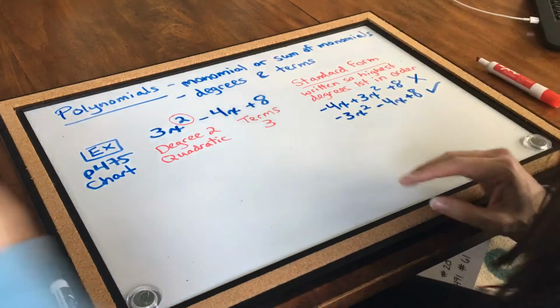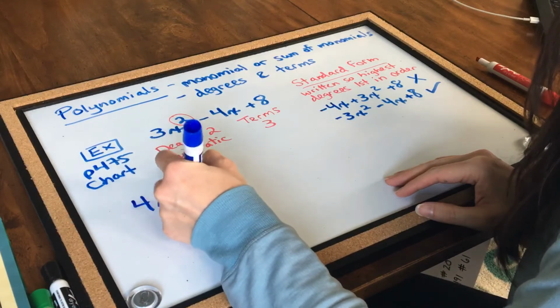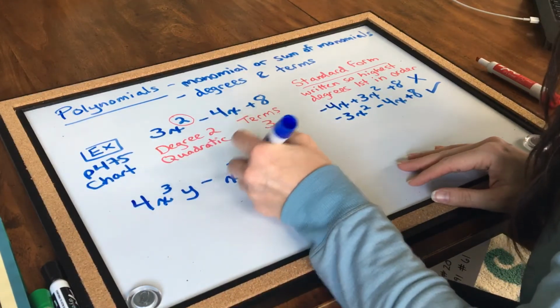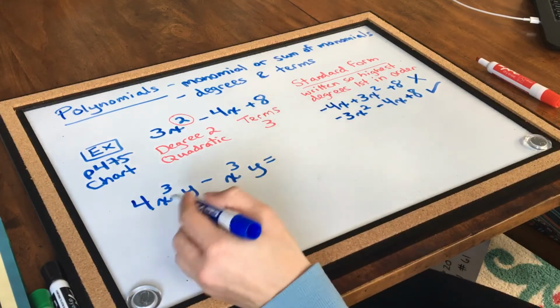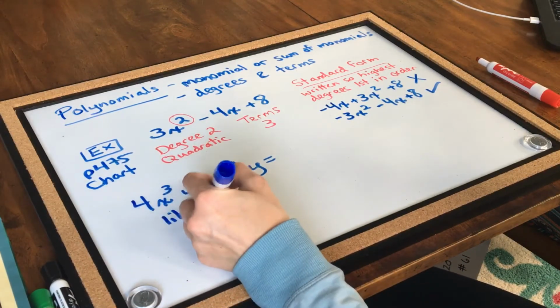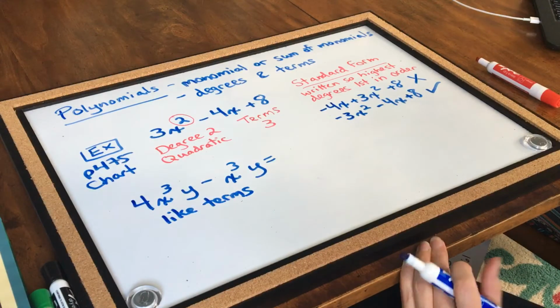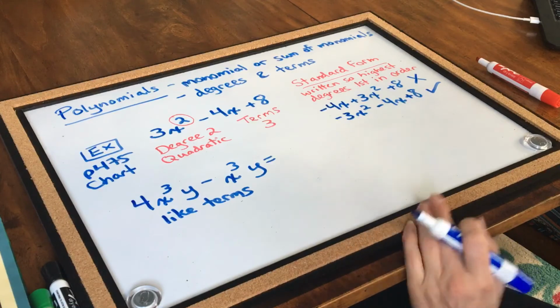So I have 4x cubed y, and then I'm going to minus an x cubed y. These are like terms. Why? Well, the variable piece is exactly the same. This is an x cubed y, this is an x cubed y. So they are exactly the same.